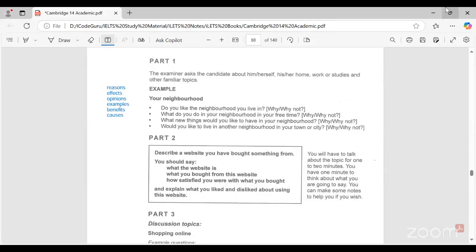Okay, that's very good. So now you can see that you have four sentences, and these four sentences came because of my leading questions. So now neglect my leading questions. Just focus on the question: what new thing would you like to have in your neighborhood? You can mention that I would like to have a playground, and the reasons you mentioned, and the outcome.